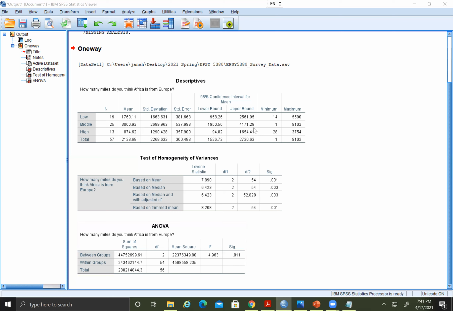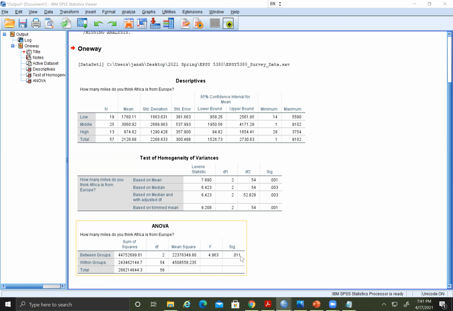And now you see the probability is 0.01. If our significance level, which is the cutoff point, is 0.05, then this 0.01 is less than 0.05. That means it's an extremely small probability, so we are going to reject the null hypothesis.